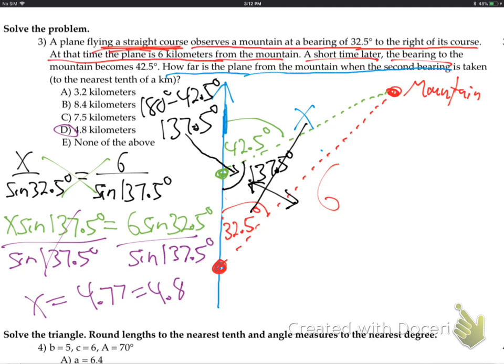That's kind of amazing. It's like triangulation. Just by one angle, then an angle later, knowing the original distance, you can calculate the new distance. Is that good? All is well? Questions on that one?